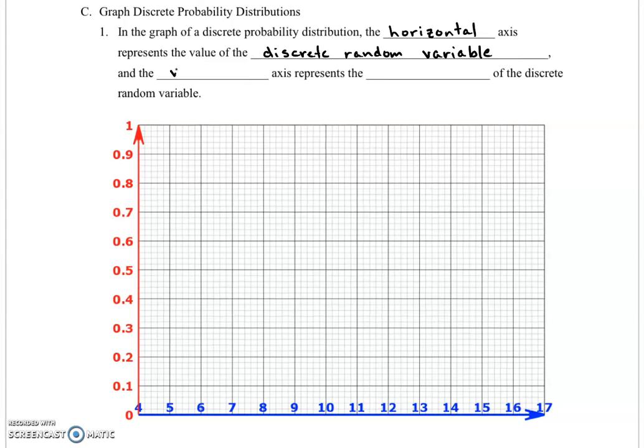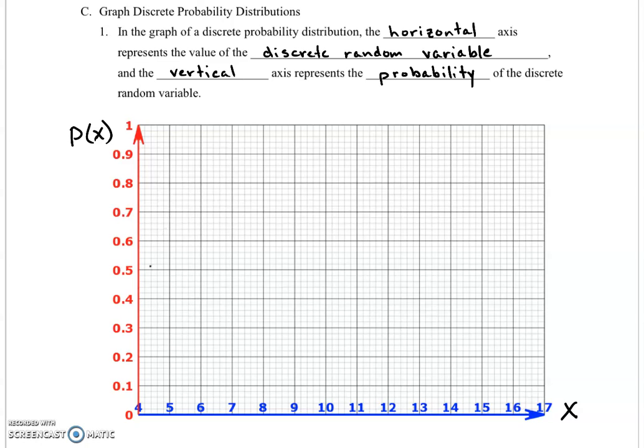And the vertical axis represents the probabilities of the random variable. So this is our random variable x, and this is our probabilities p of x.